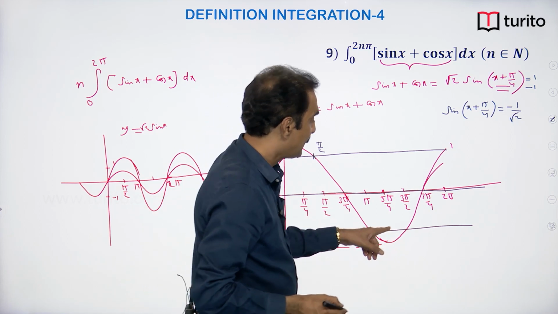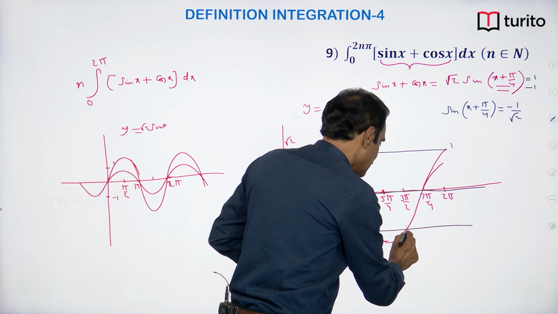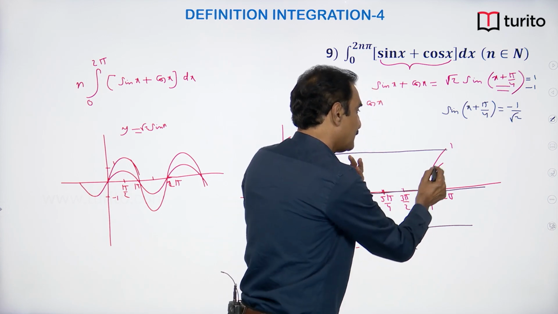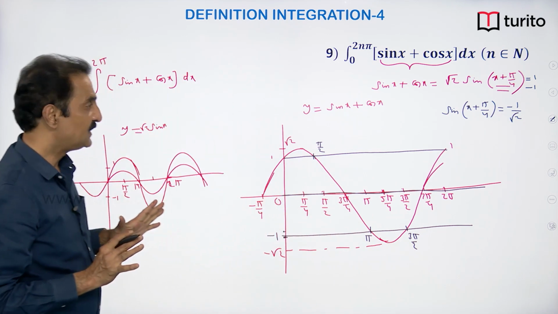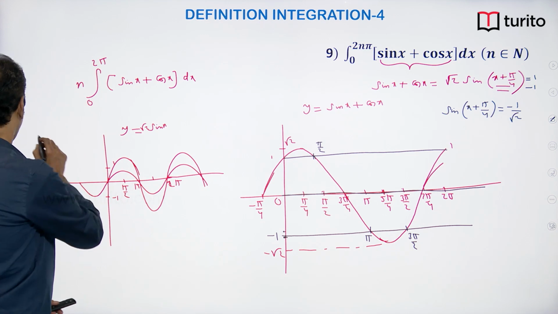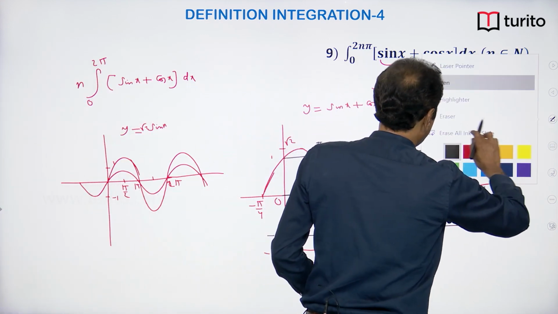Next is 3 pi by 2, correct. This is 3 pi by 2, 7 pi by 4 and 2 pi. Now I will calculate the integral parts in different intervals.